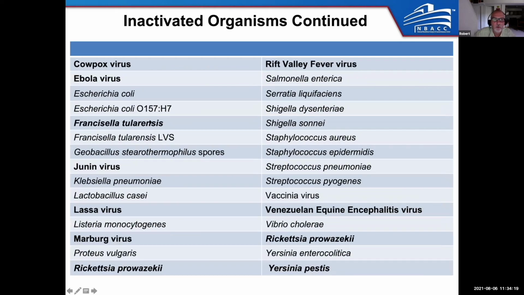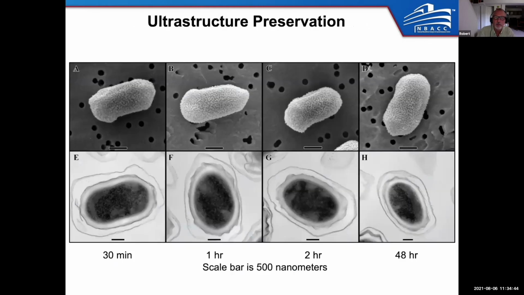Cowpox virus, Ebola virus, Francisella tularensis, Hantavirus, Lassa virus, Marburg virus, rickettsial species. These are tick-borne diseases. Rift Valley fever, which infects cattle, humans, and a lot of other organisms. Venezuelan equine encephalitis virus, Rickettsia prowazekii, and Yersinia pestis, which causes the Black Plague. So we've inactivated lots and lots of different types of organisms in 240 minutes.